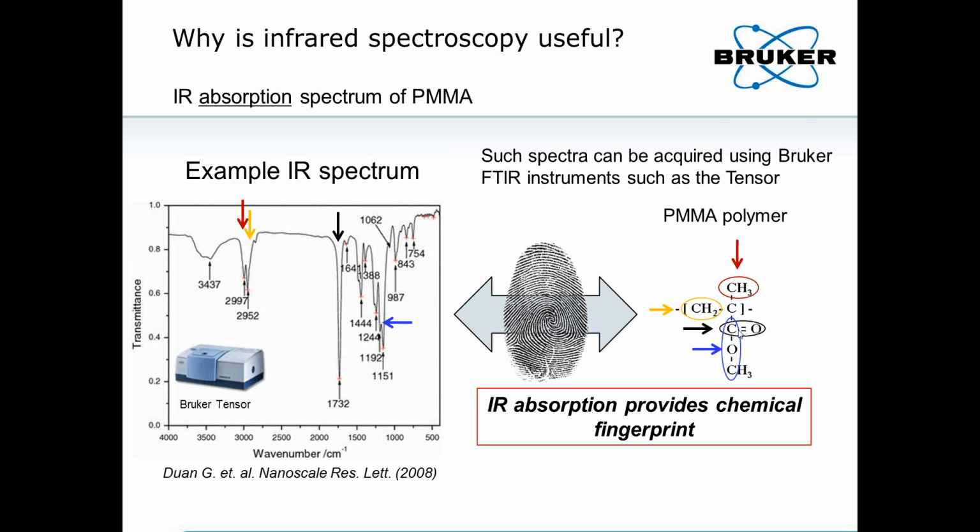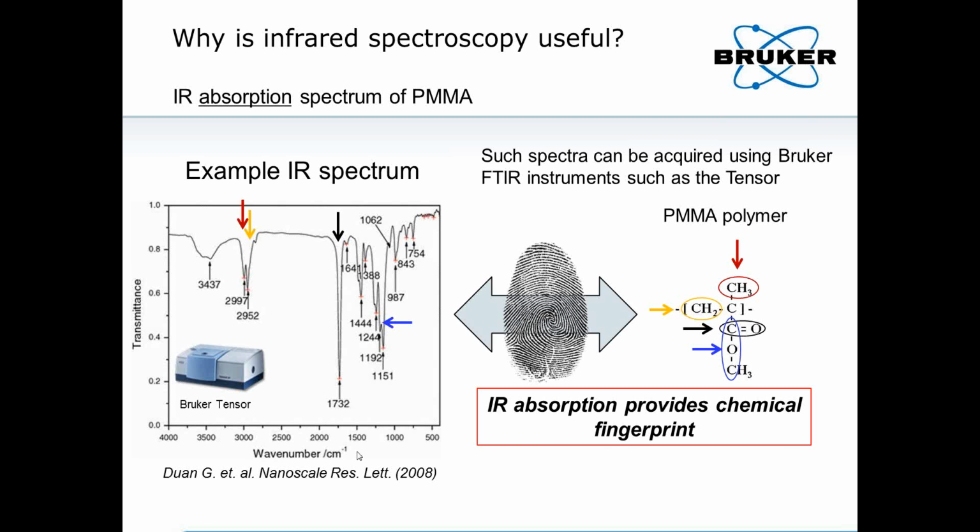So for instance, this black arrow is pointing to this carbonyl resonance, and it occurs specifically at this frequency of 1732 wave numbers.